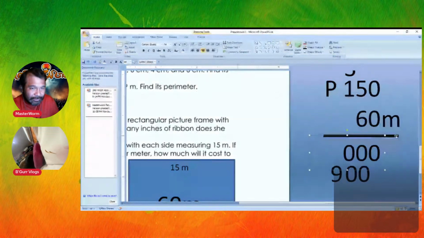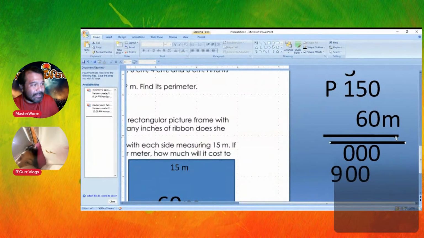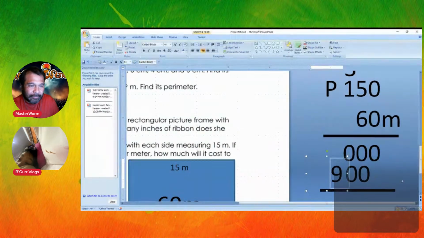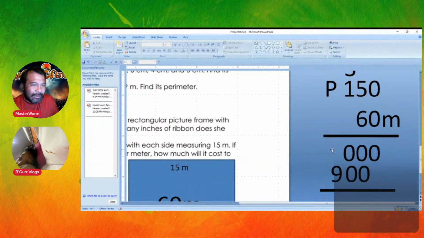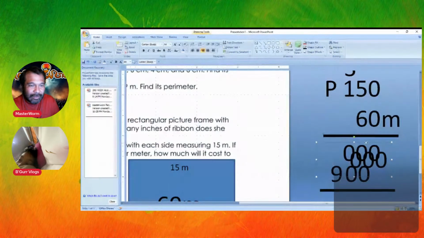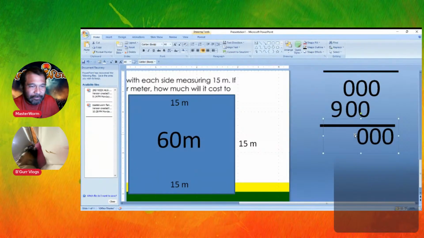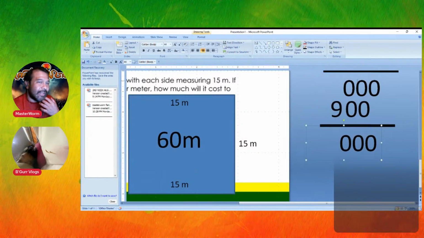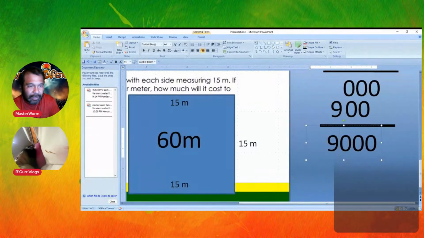and then you also copy the numbers. So 9. That's all. It's going to be hard because I'm too slow. So if you copy this, it's 9 and then 0, 0, 0. There's going to be 3 zeros according to the line.